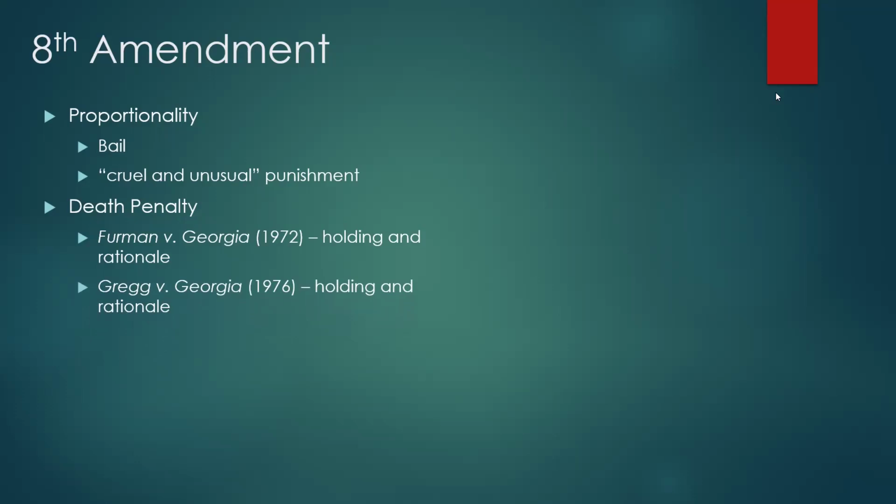But in 1976, we had a new death penalty case come before the court, and there it upheld the death sentence to the defendant. And the reasons were, again, this is specific to the case, but the reasons were that Georgia had then rewritten its sentencing statutes, provided for a bifurcated trial. So there would be a proceeding before a jury to determine the guilt or innocence of the defendant.